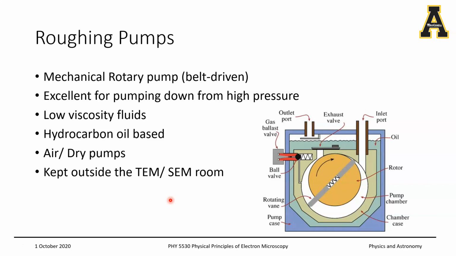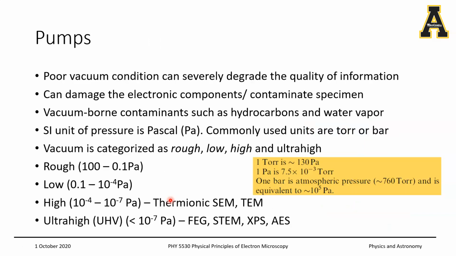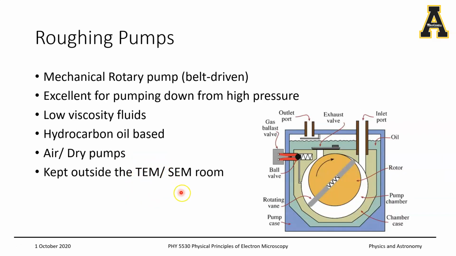The first thing you would do is turn on the roughing pump to bring down the pressure in the chamber and in the lines to the lower limit, which is about 0.1 Pascal. They work great with low viscous fluids. Usually gas molecules at room temperature in atmosphere can be categorized as low viscous fluids.